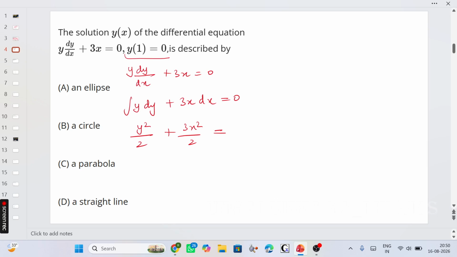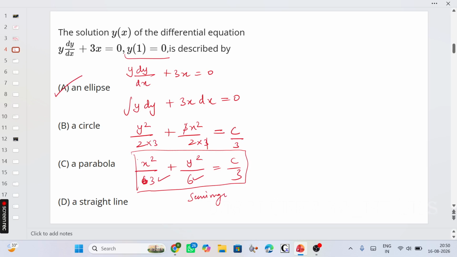So what is this? x square plus y square, and we have different values of a and b here. So here's an equation of an ellipse. Right, so the correct answer is obviously this. This is the semi-major axis and semi-minor. So if these are the same, then it will end up as a circle, right?